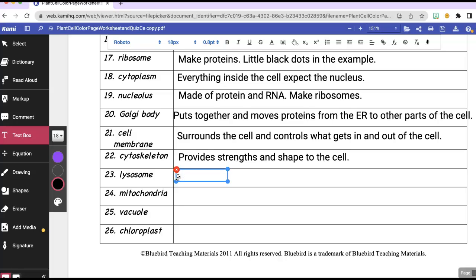It handles waste, so it breaks down waste materials. So it's kind of like the dump of the cell. Let's put in quotations, "garbage dump." It's where all the waste is handled. It's the garbage dump of the cell.